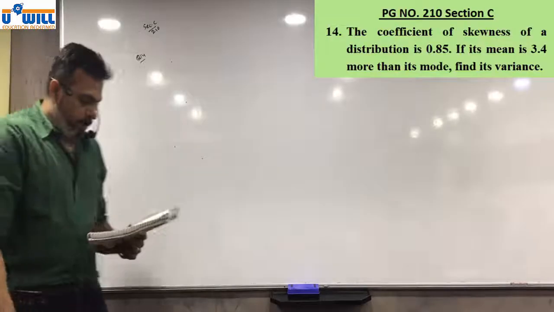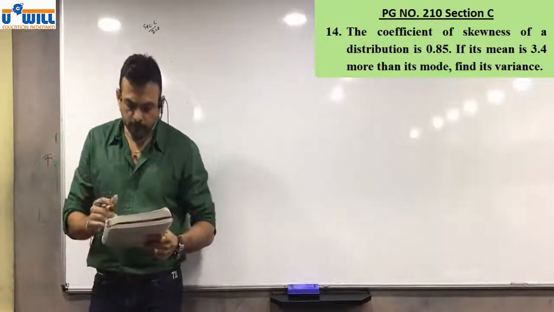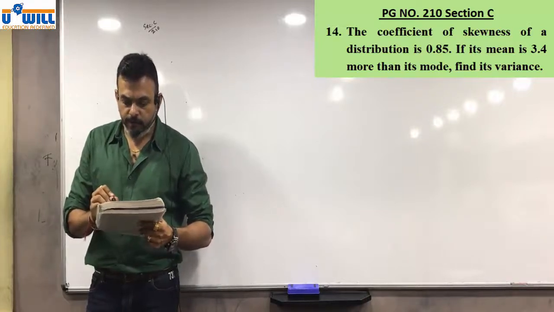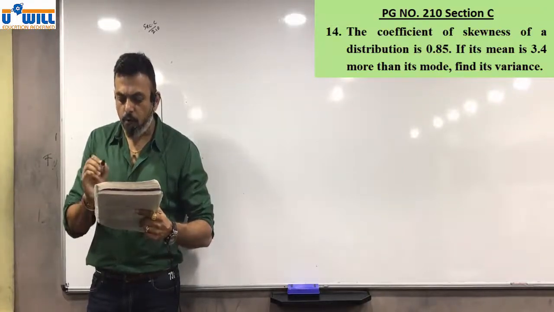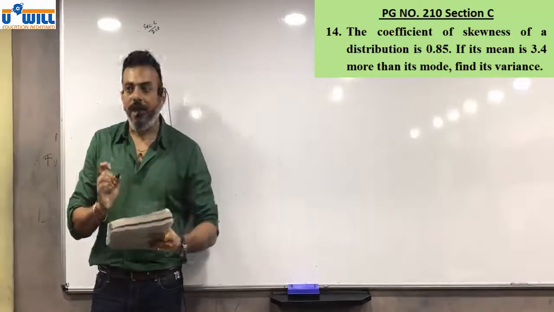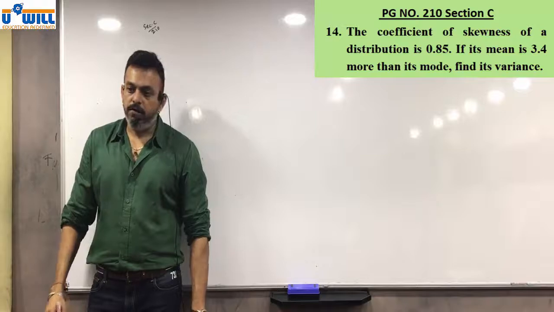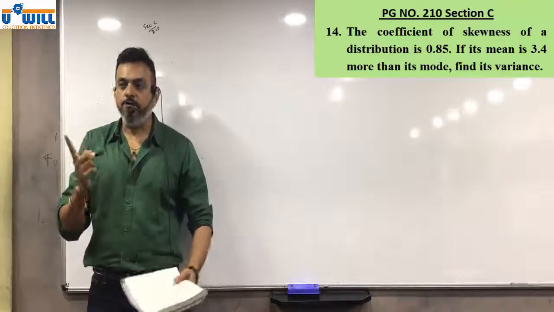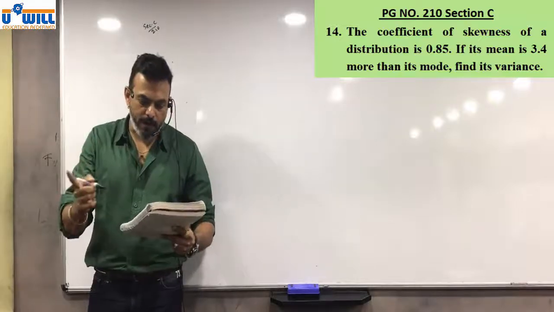Question 14. The coefficient of skewness of a distribution is 0.85. If mean is 3.4 more than its mode, find its variance. Now what is variance? Standard deviation square. So we have to find the standard deviation and then the square of it.